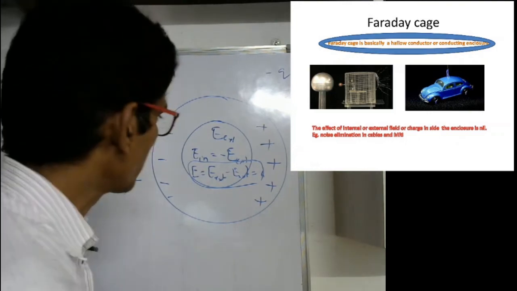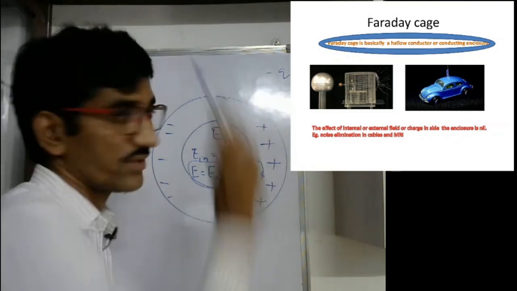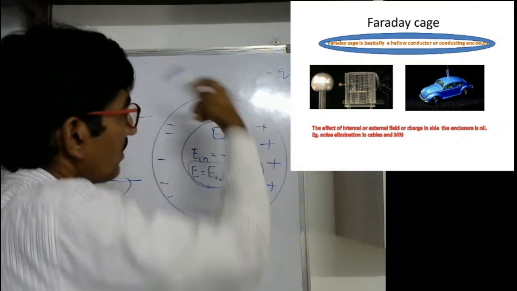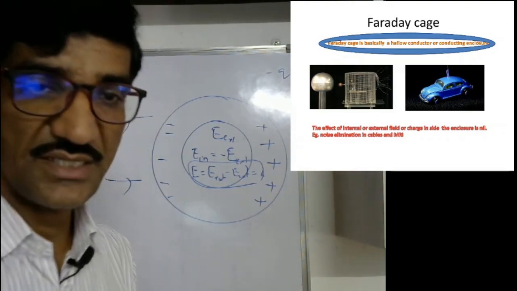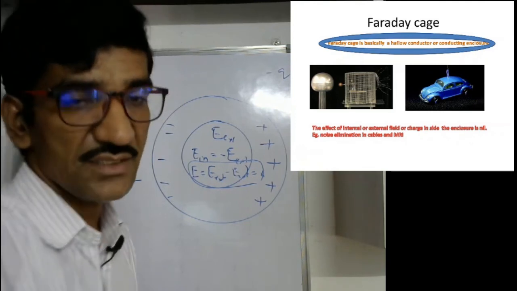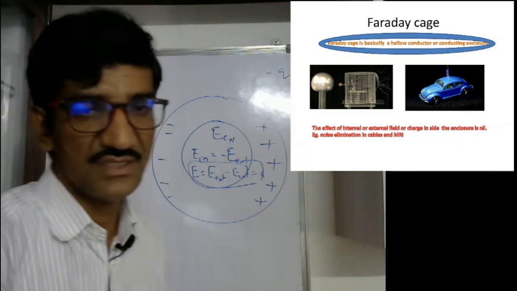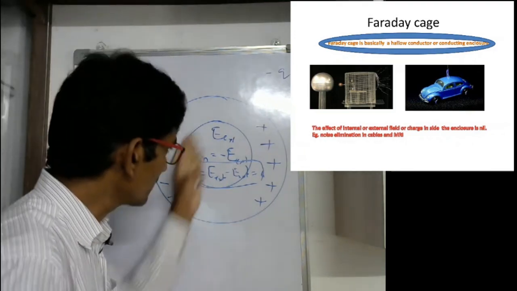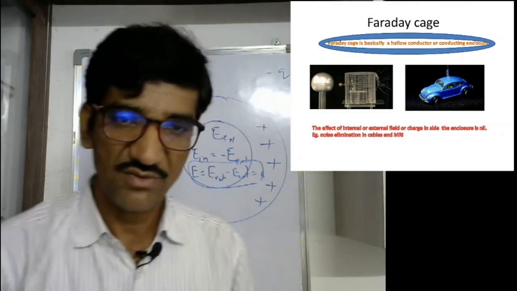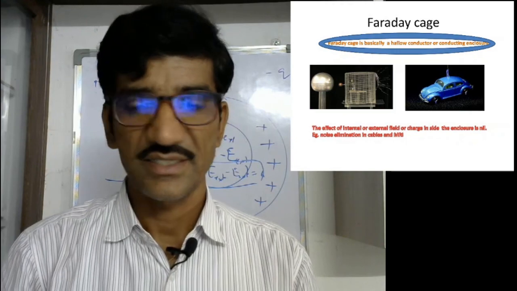The polarities are reversed for induced charges compared to the original field. The induced field is equal in magnitude to the external field but in the reverse direction, so the net field in this region will be 0. In this way, you can protect electronic equipment using the Faraday's cage.